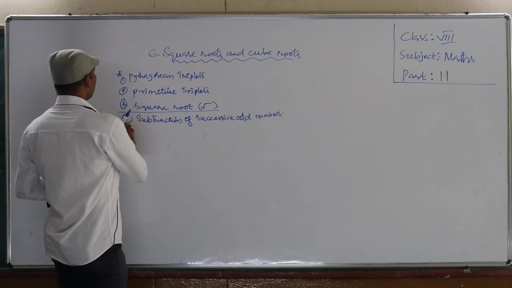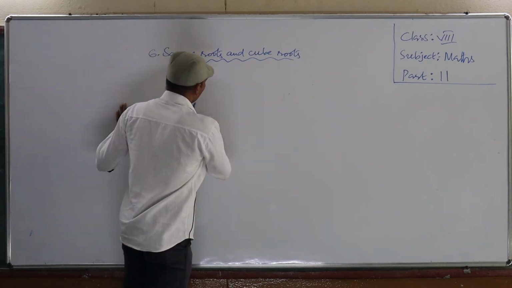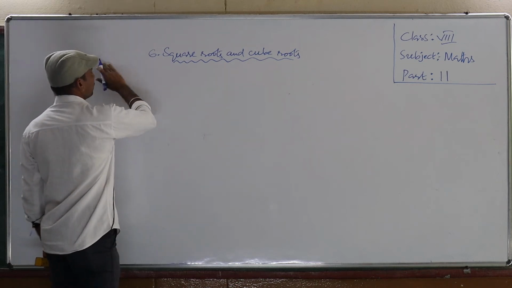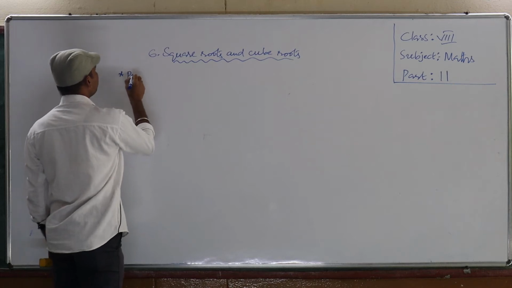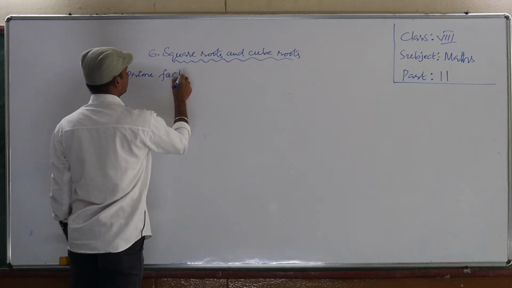Now we are going to discuss finding the square root of a given number by using the prime factorization method.